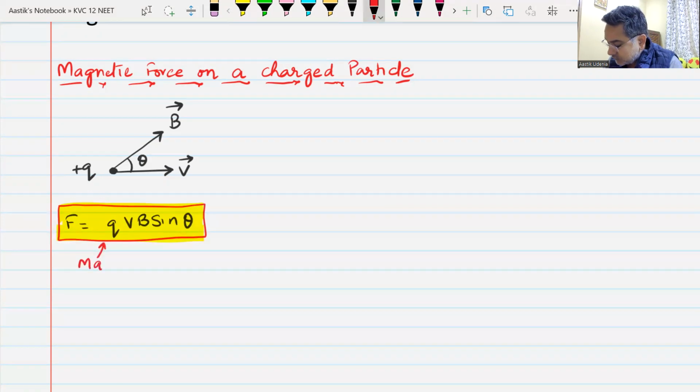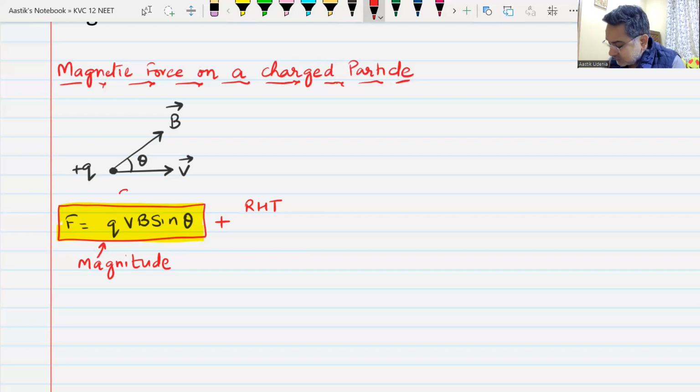This QVB sine theta is going to give you the magnitude of force. To get the direction of the force, we have to use the right hand thumb rule. How are we going to use the right hand thumb rule? We will come to that.